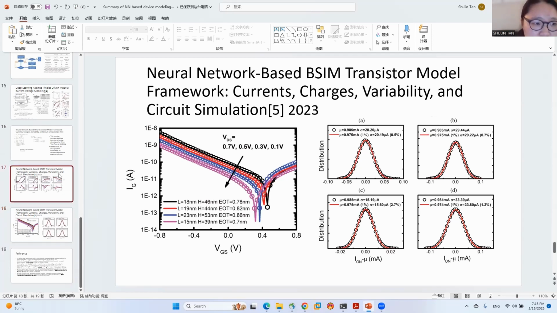Another thing is that it can predict something that is hard to develop a physics model for. If you have some physical phenomenon that is hard to understand, or too complicated to build a mathematical model, you can use a neural network to build it up.